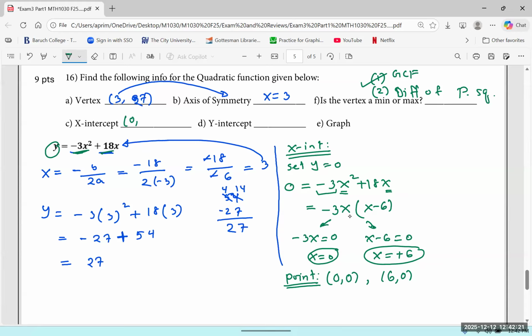So these go here: (0, 0) and (6, 0). Not always two, though. If you have a quadratic that is sitting like this, then you have only one x-intercept.